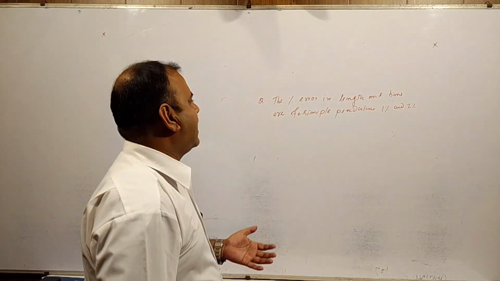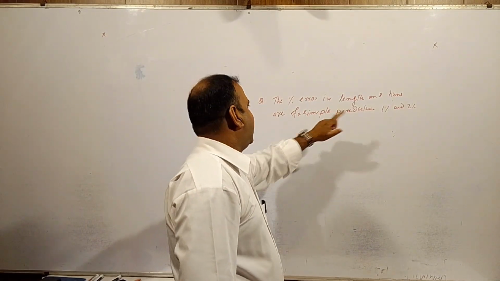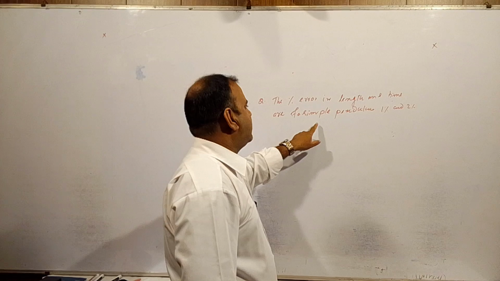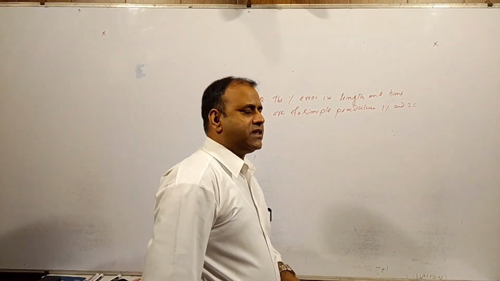That means the percentage error in length and time of a simple pendulum are 1% and 2%.